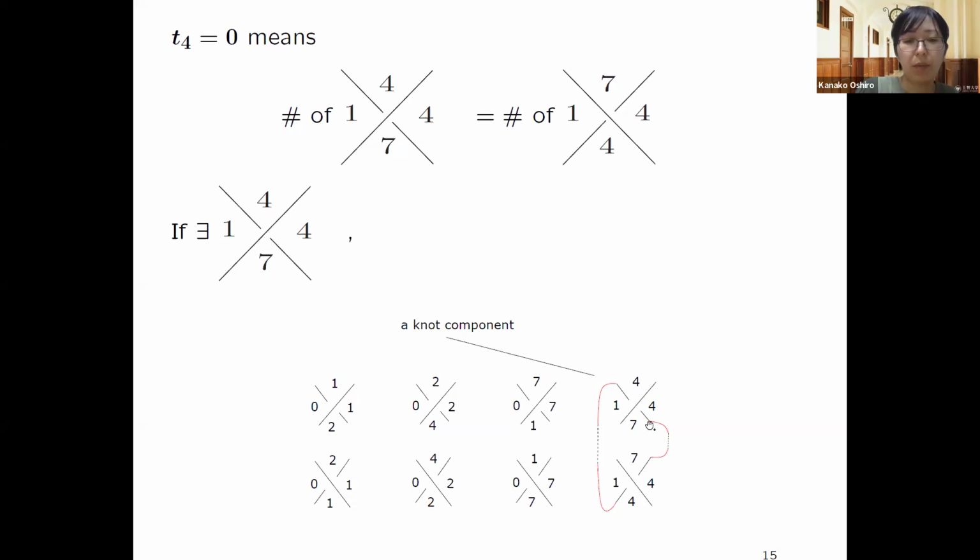The other arcs we cannot combine, so the other arcs form other components. This contradicts that D is a knot diagram.